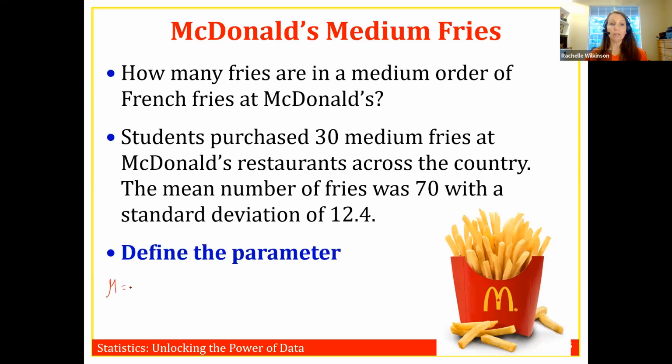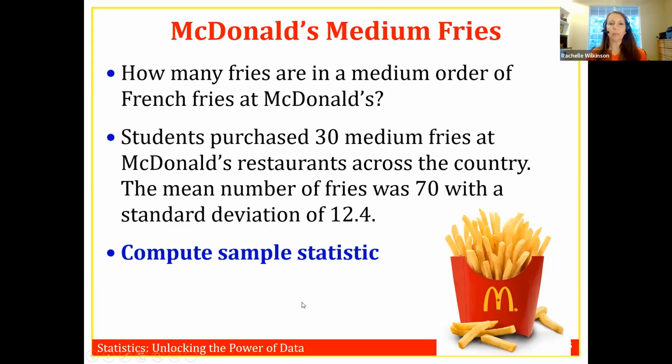Mu is a mean, so mu equals the mean of whatever we measured: the mean number of fries in a medium order from McDonald's.